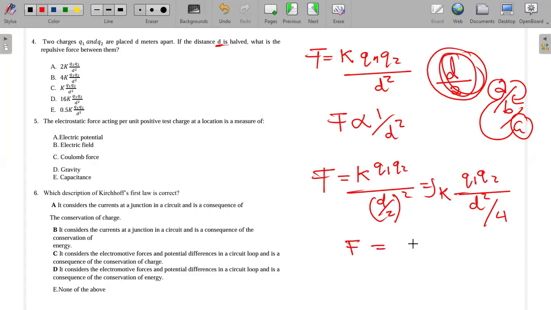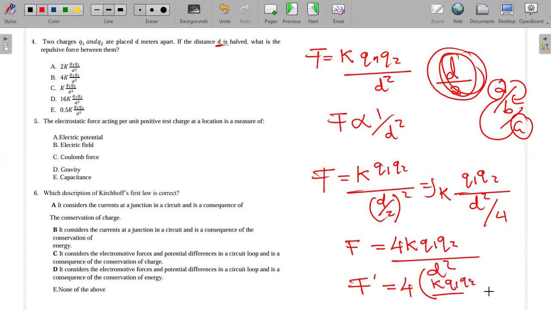So I'm going to have my repulsive force being equal to 4K Q1, Q2 over d squared, like that. So I'll factorize out the 4, or put the 4 outside the brackets. That means our force, when the distance is halved, will be equal to 4K Q1, Q2 divided by d squared.